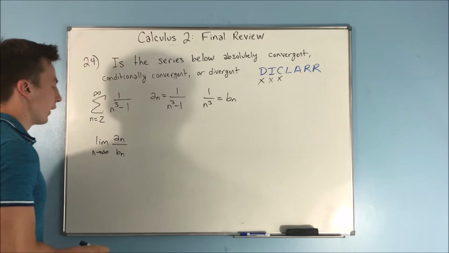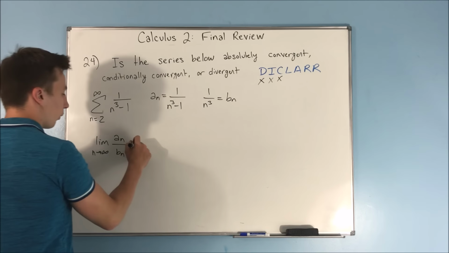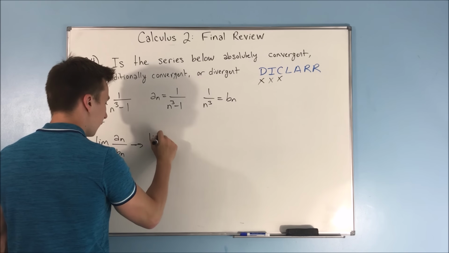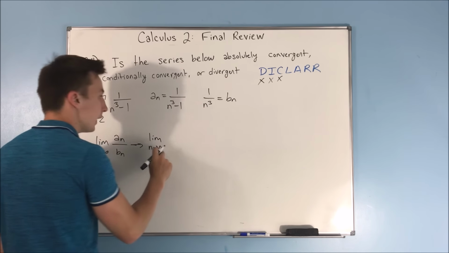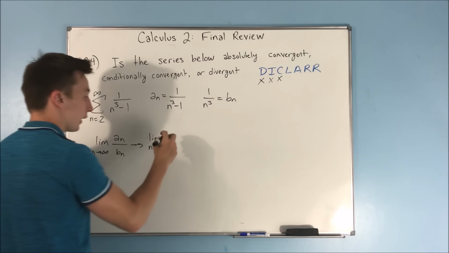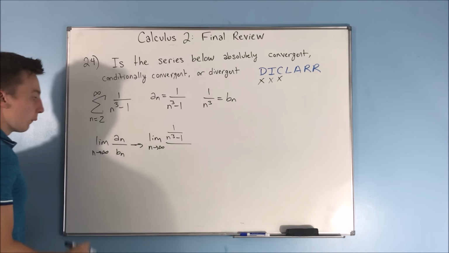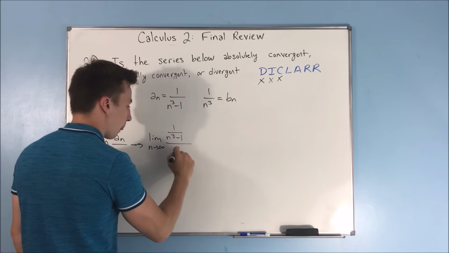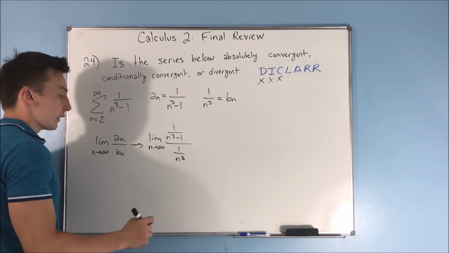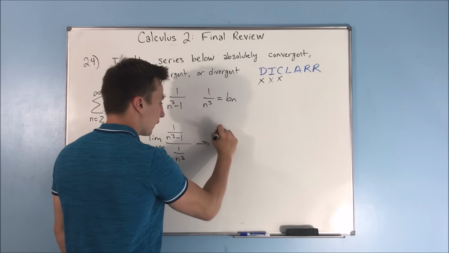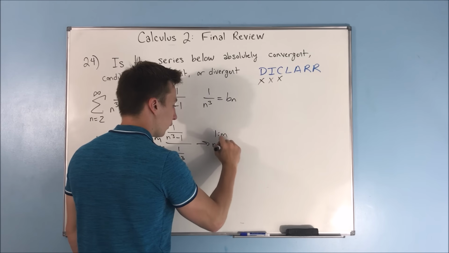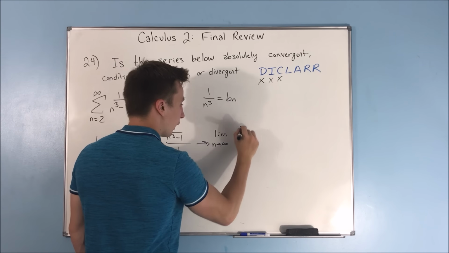We'll worry about the other stuff later. So we do that. We take the limit as n approaches infinity. The a sub n, that's 1 over n cubed minus 1. So let's write that down. And we're putting that over 1 over n cubed. And making this look a little bit nicer, we get the limit as n approaches infinity of n cubed over n cubed minus 1.